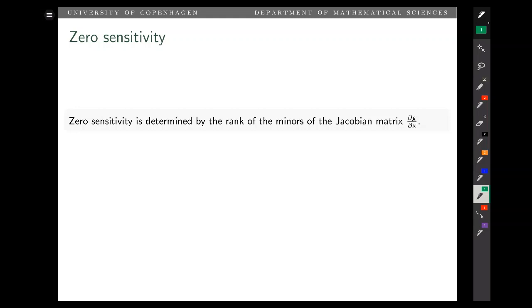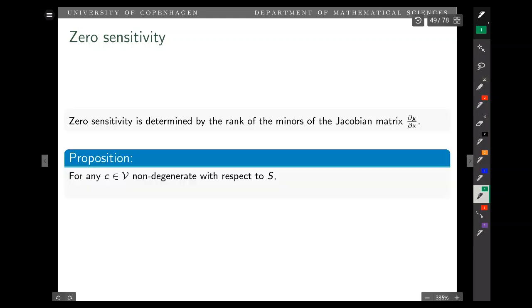And it turns out that checking zero sensitivity is very easy because you just need to look at the Jacobian matrix again. I told you that the non-degenerate point would make the rank of this matrix maximum.